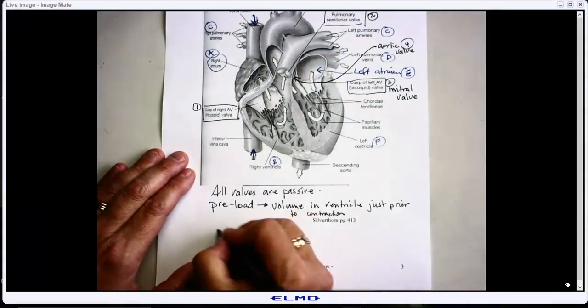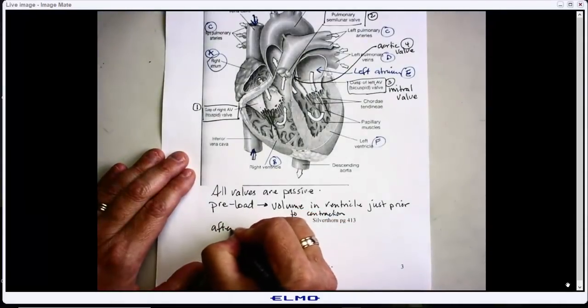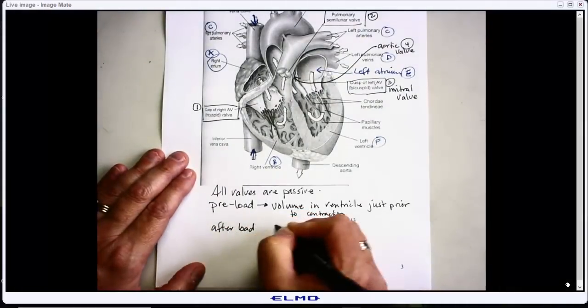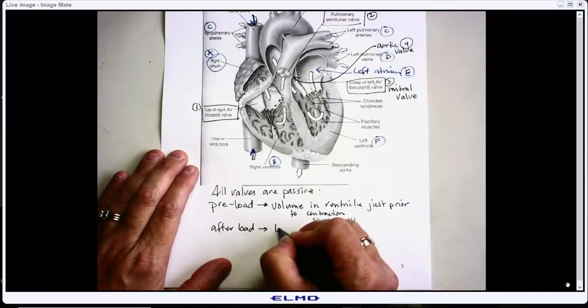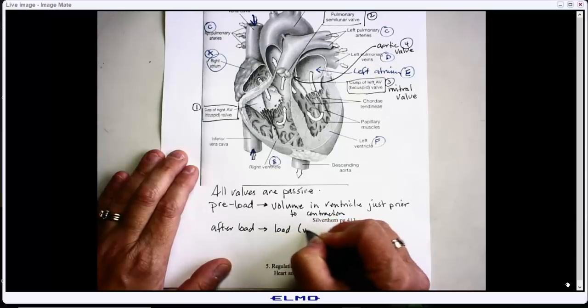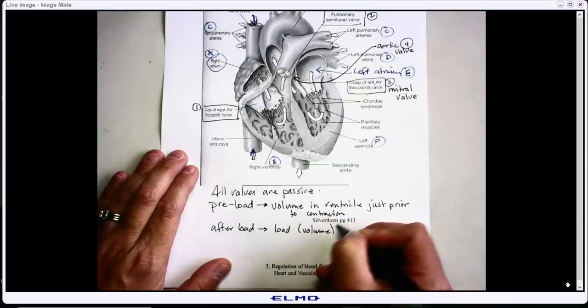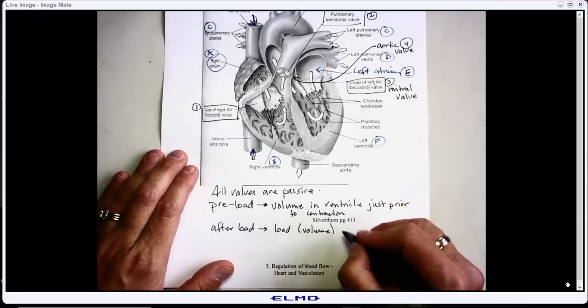So afterload is not at all what you would predict it's going to be. It's the load or the volume that the ventricle has to work against.